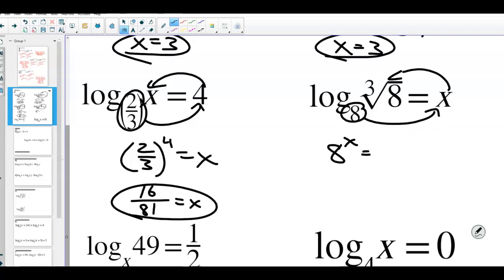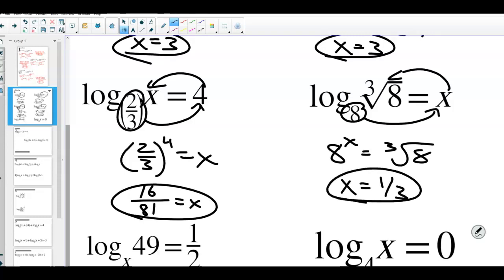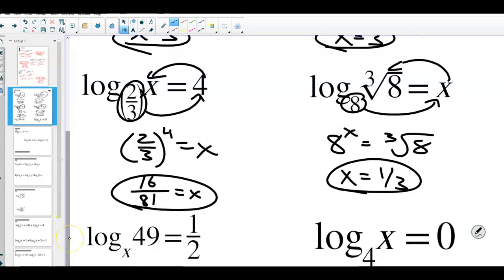Excuse me. 8 to the x, cube root of 8. And then the cube root of 8 is simply 8 to the 1/3. So if I raise 8 to the 1/3, okay, that gives me the cube root of 8. When you see a radical, it means you're going to have a fractional exponent.